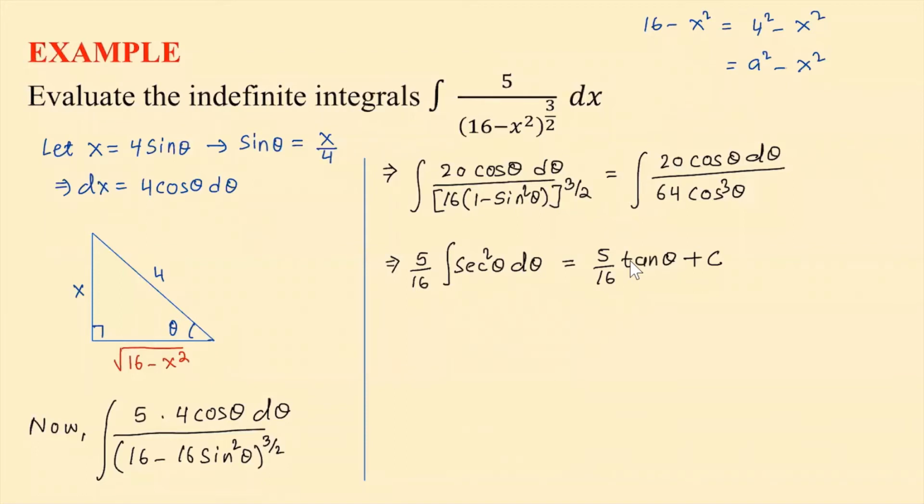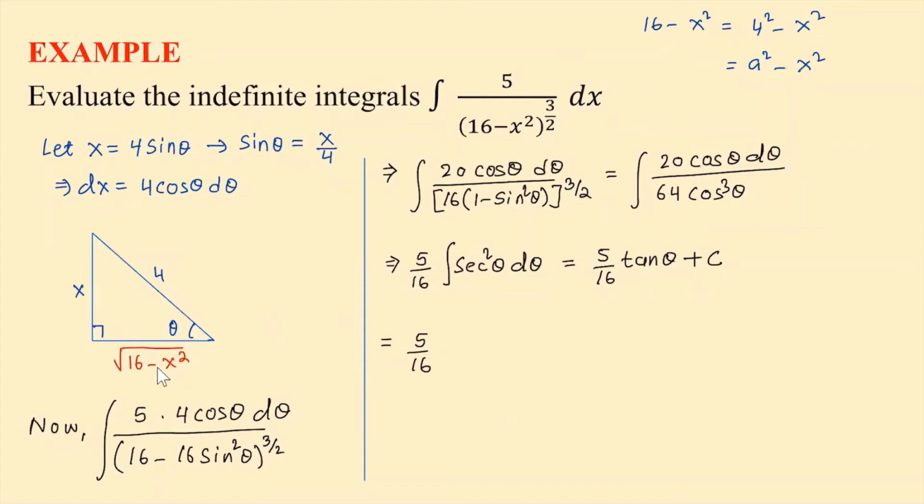So here we got the answer in terms of theta, but the question is in terms of x, so we are going to resubstitute the value of theta and get the answer in terms of x. That means our final answer will be 5 over 16 tangent theta. From this right triangle, tangent is opposite over adjacent.